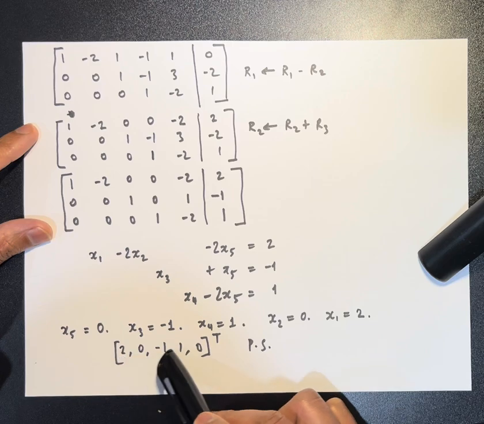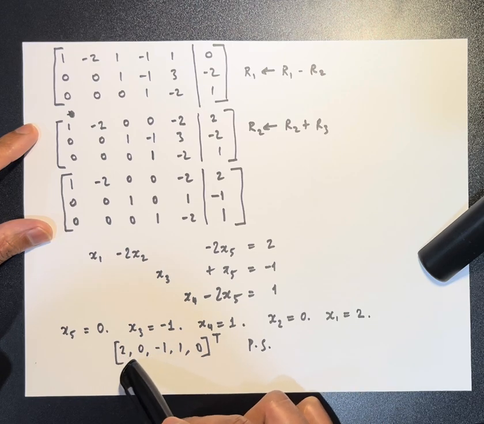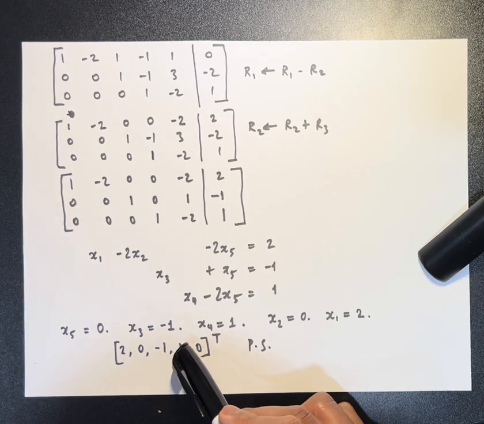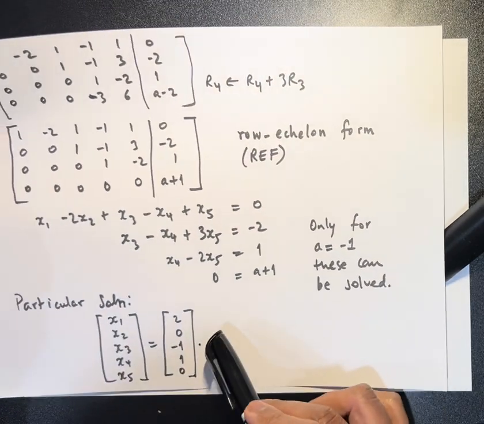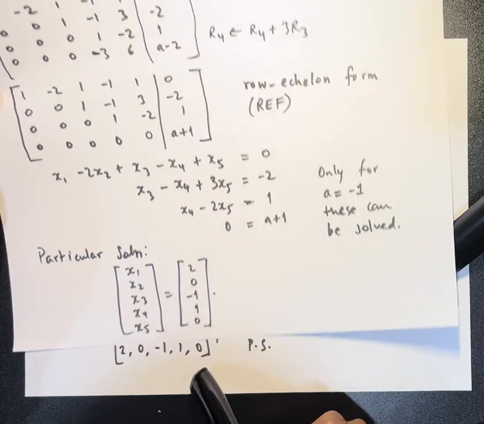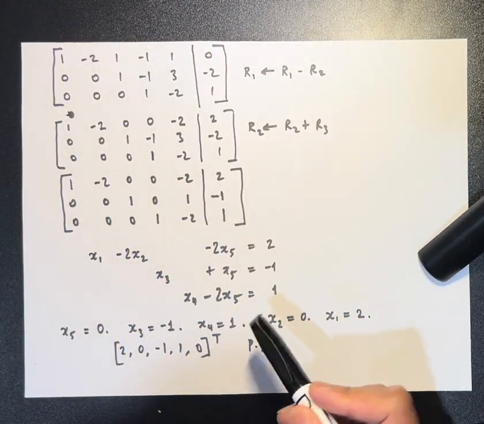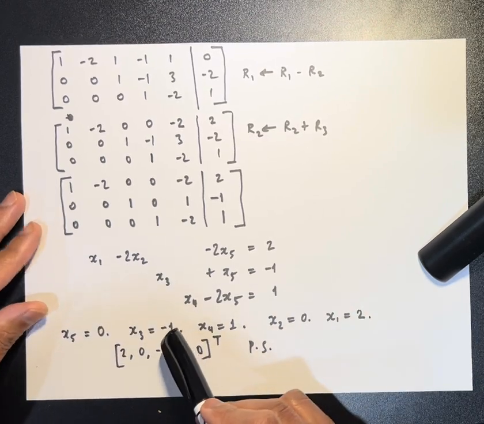Now this is the particular solution they have gotten in the book. I have just written this column vector as a row vector. When you write a row vector, you put commas, and then you put a transpose. This is the same particular solution that they have given in the book, just the transpose of this. And obviously this is not the only particular solution that you can get.